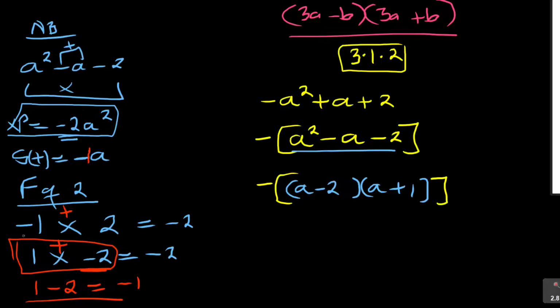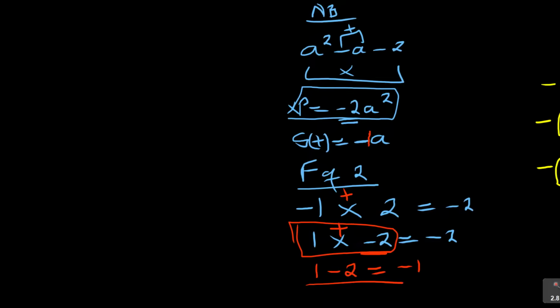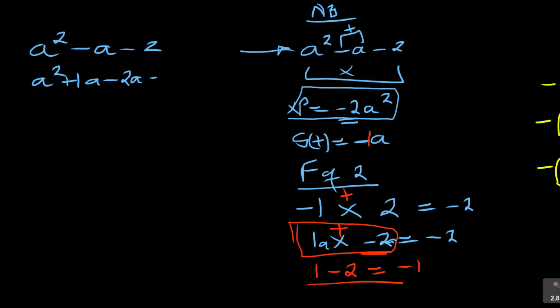Are you getting that? So when I've done that, I can come here and write it like this. It will be a squared minus a minus 2. It becomes a squared, and where there is minus a, I put plus 1a minus 2a, minus 2.